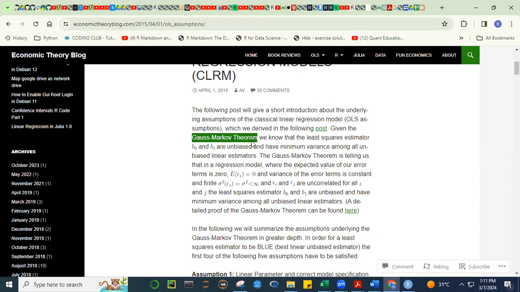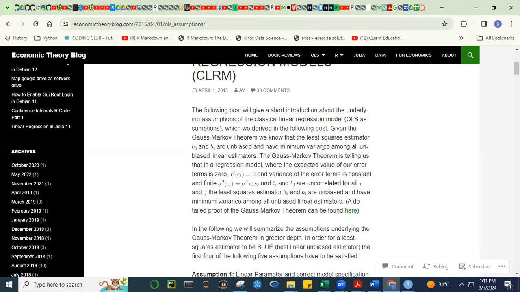The Gauss-Markov theorem espouses that the best estimators of a model involve the computation which gives us the least squares of the residuals. So an attribute of this Gauss-Markov theorem is that the least squares estimators are unbiased.